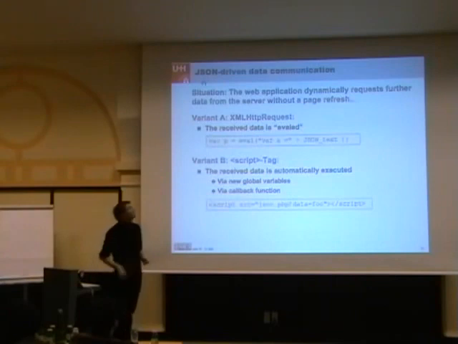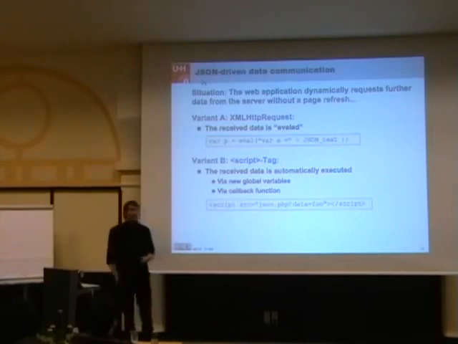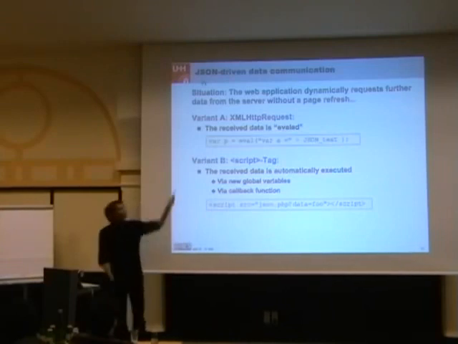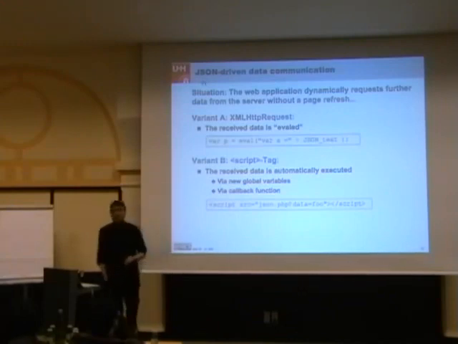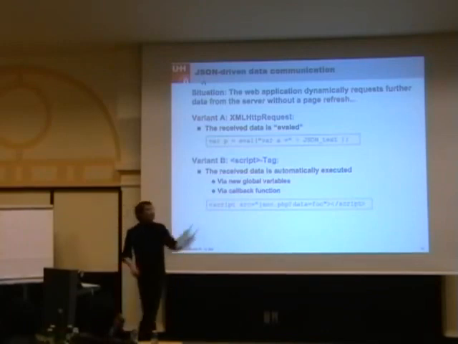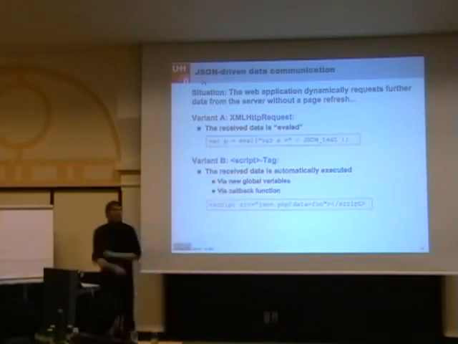Okay, how is it done more precisely? The web client says to the web application, okay, give me some data, for example, the address book of my email client. This could be done via XML HTTP request, for example. The web application answers with the data encoded in executable code, and the application is doing an eval on this data. That's totally horrible. There's an alternative.